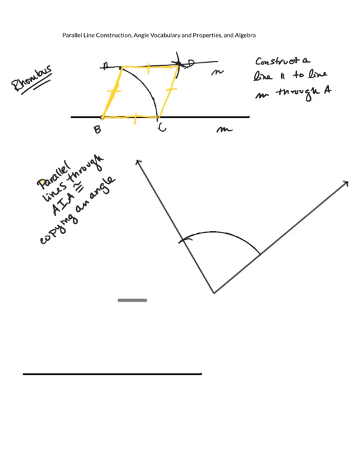Now you keep that compass setting and you go to where you want to copy the angle. So I'm going to copy the angle on one of these endpoints, so I'll go to the left endpoint. Okay, so I'm putting my center there, and I'm just doing the same thing I did. I'm swinging an arc, the same sized arc that I had in the last problem.